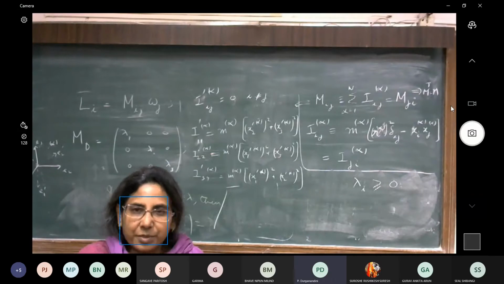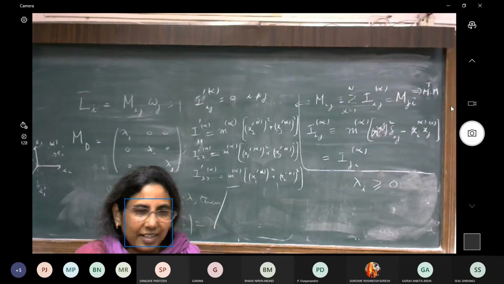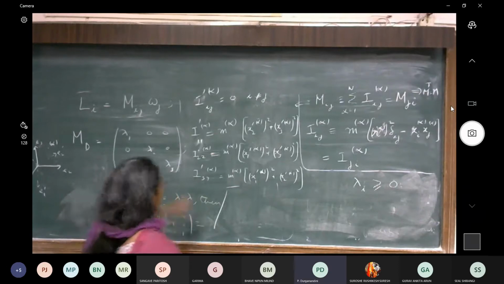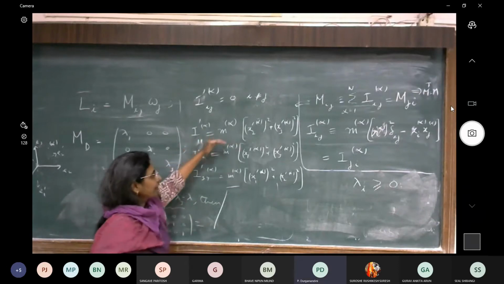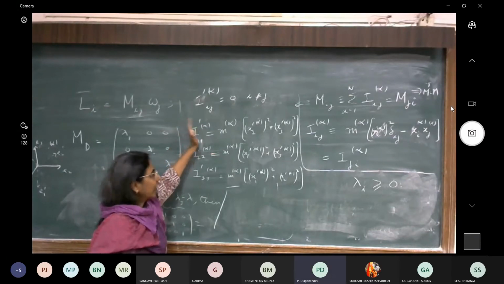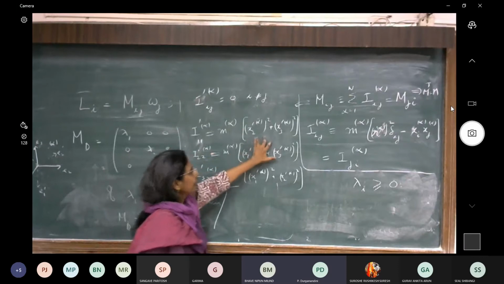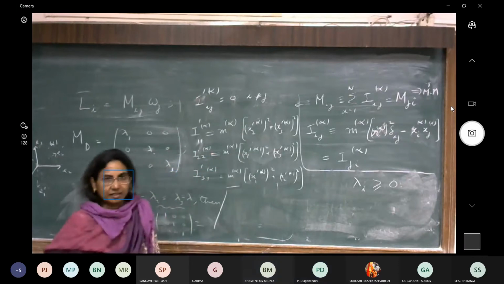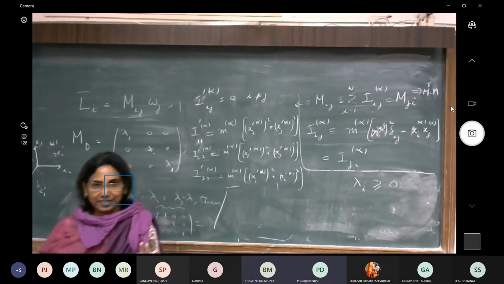Lambda 1 is a summation over all these I11 primes, and I11 prime is m alpha times this. It can happen when the particle is on the x-axis.